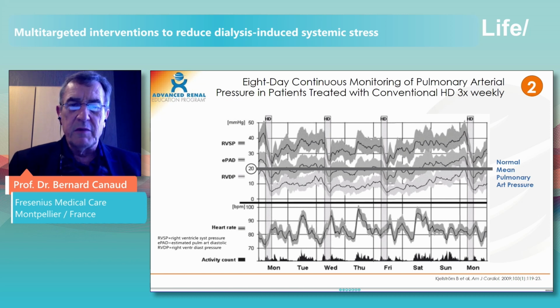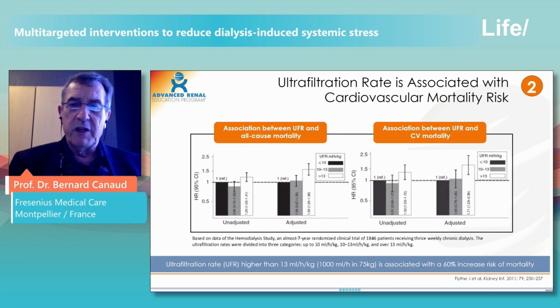If you see the upper line and the lower line from the patients, at the end, they never achieve such 20 millimeters of mercury. They are either twice over or maybe lower. So that means they are fluctuating between fluid overload and high pulmonary pressure, and the low or hypovolemic condition and low pulmonary pressure.